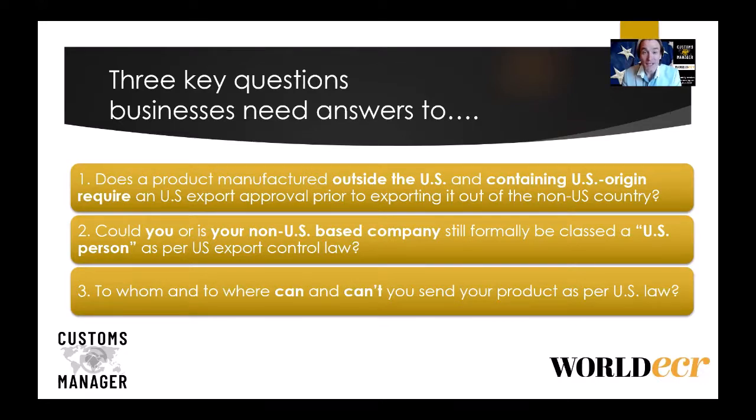That's not even in the US. And could you or your non-US based company still be considered a US person as per the US export control law? So to whom and to where can and can't you send your products as per the US law?